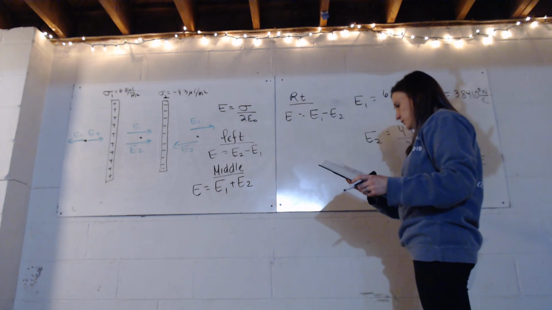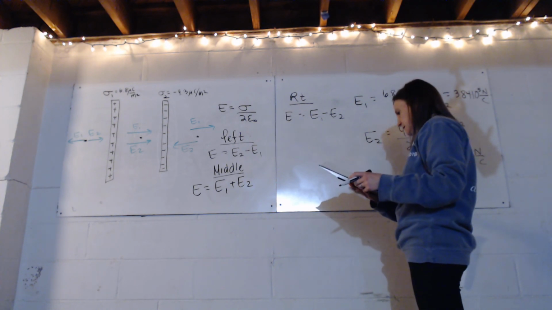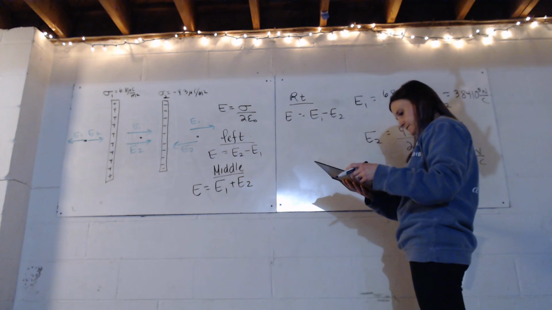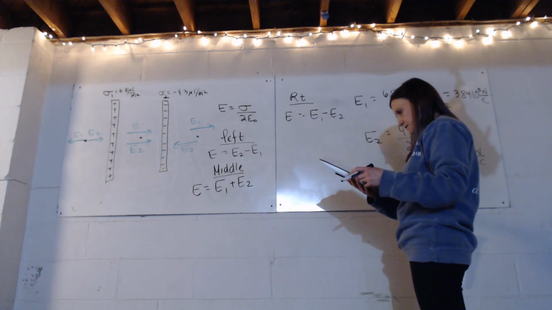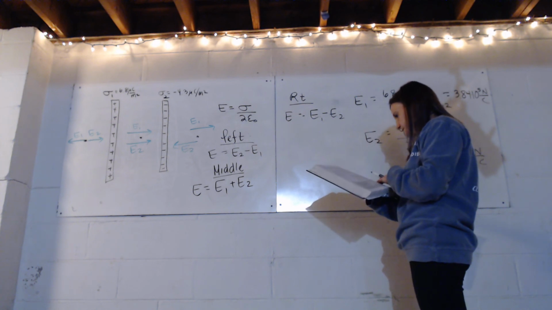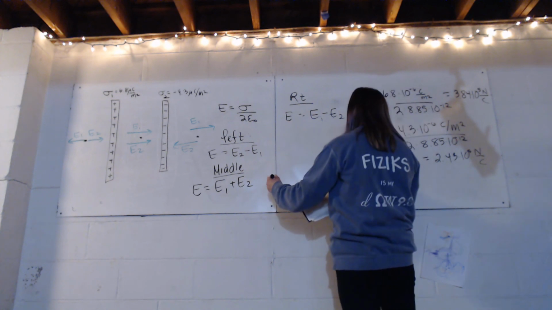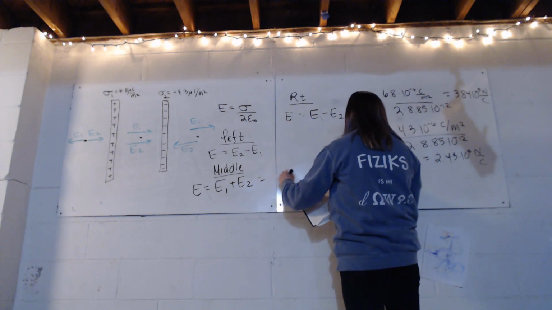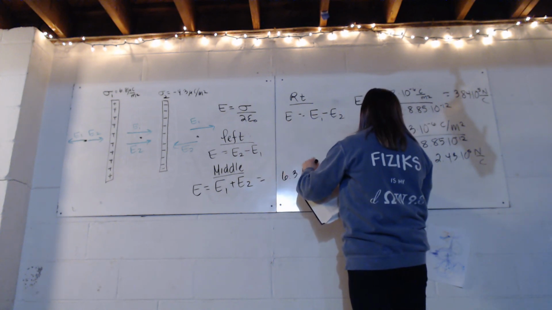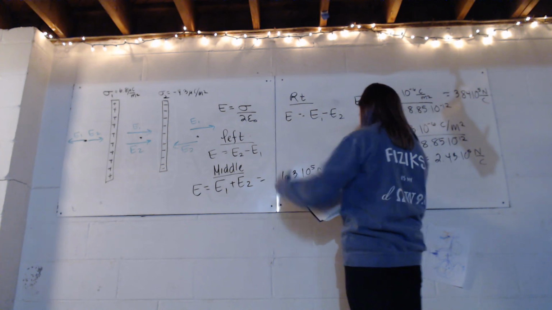And so that gives me, I don't see the answers. Oh, sorry. The middle one ends up being 6.3 times 10 to the 5th newtons per coulomb.